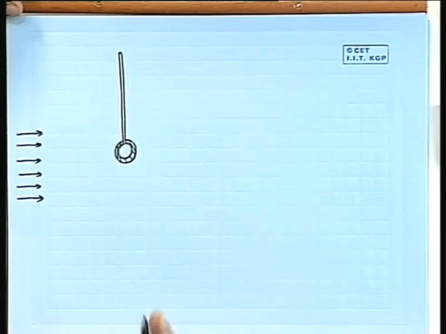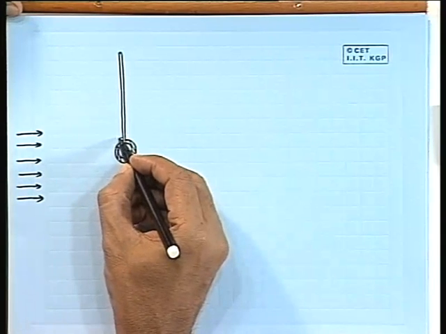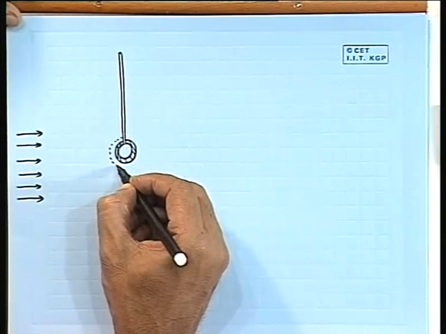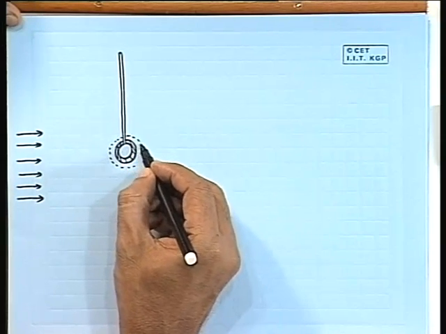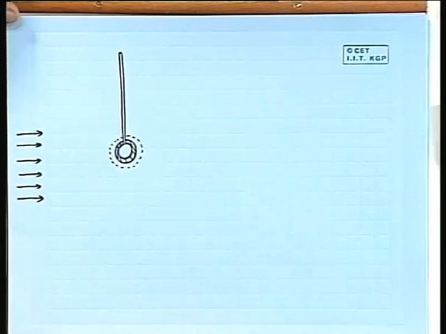Then what will happen? I have explained that there will be both heat transfer and mass transfer. Basically, some sort of a boundary layer will grow here, and we will have a variation of temperature and a variation of concentration of water vapor.